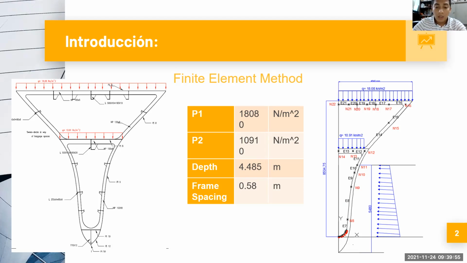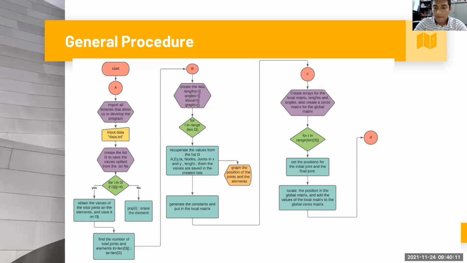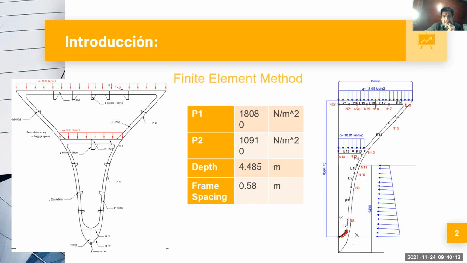Then the depth was 4.48 meters, and the space between frames was 0.58. I'm sorry, this is the depth of the draft. Mr. Ruiz, that's the draft, right? In this table. Yes, Doctor. Yeah, okay, go on.